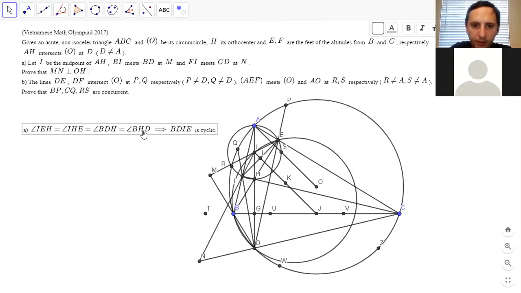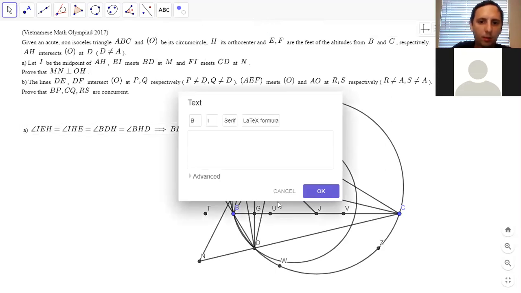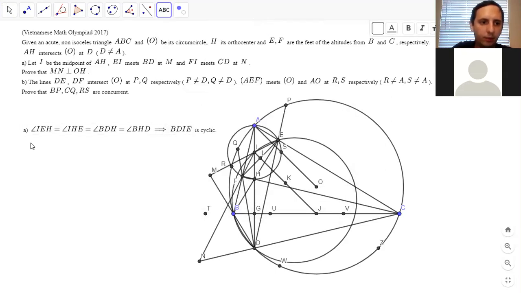MB times MB. Wait a second. Okay, so it's the same power with respect to the 9-point circle, because I and E both lie in the 9-point circle. I'll say that I, E, and F lie in the 9-point circle.